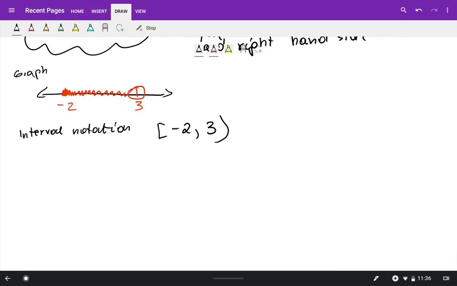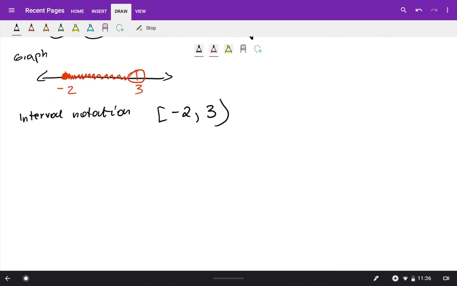So let's do one more. With compound inequalities, we have -3 less than or equal to -5 plus 2y, less than 11. The same thing, the idea is to get only the variable in the middle. So I need to do something with that -5.